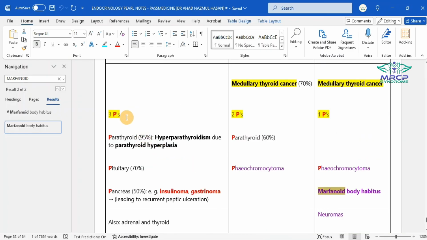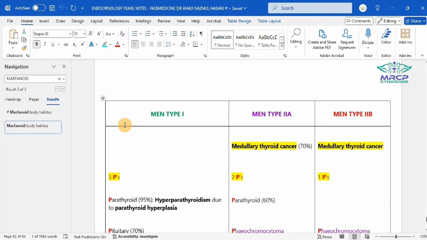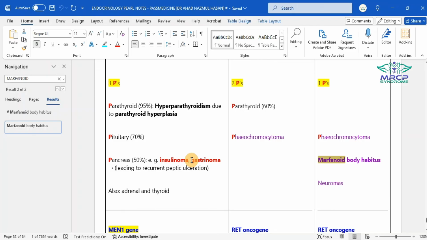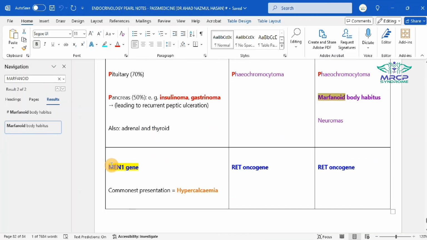So Zollinger-Ellison syndrome, this is related to which type of MEN? Type 1. Yes, this is related to MEN type 1 as a part of the gastrinoma, and there would be recurrent gastroduodenal ulceration, and this is related to the MEN1 gene.